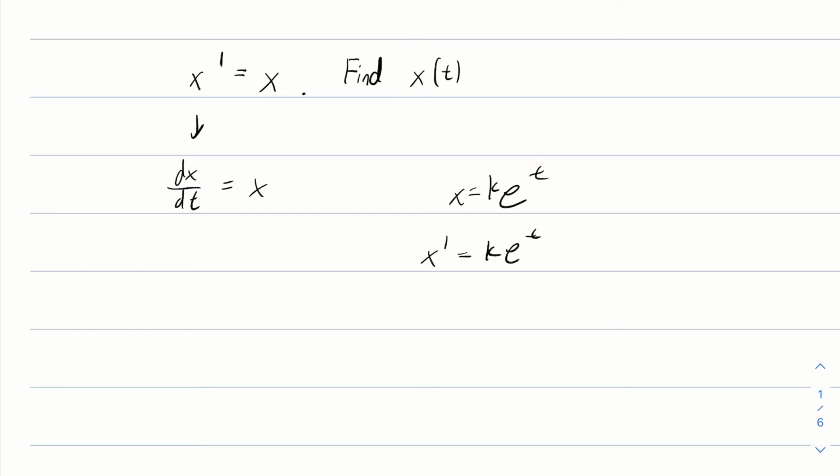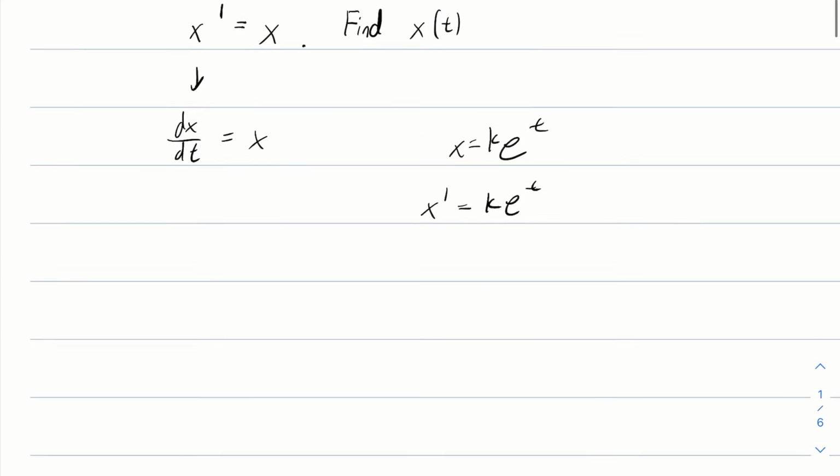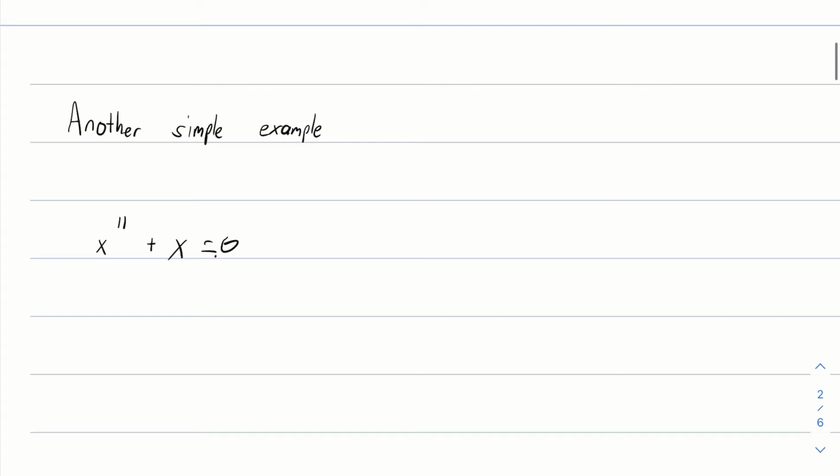That's a very simple ordinary differential equation, and it pops up everywhere. So e to the t is very important to this course. Most of the expressions are going to have e's in them because of that nice little property: their derivative is themselves.